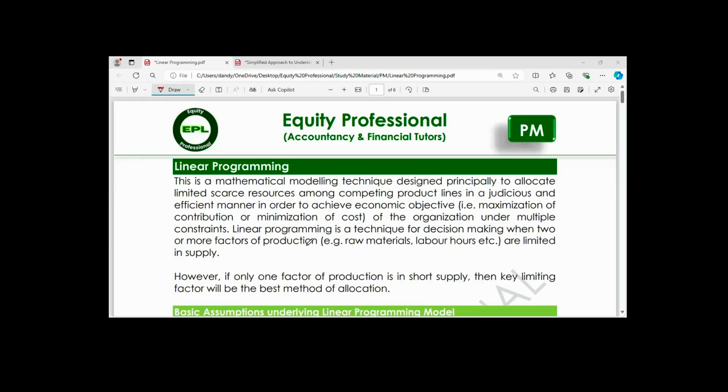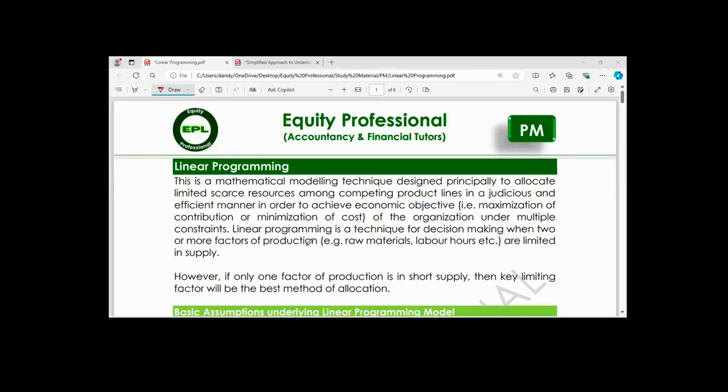So when this happens, the limited scarce resources will need to be allocated among competing product lines in a judicious manner in order to take advantage of market conditions and to maximize contribution towards profits. We said there are 5 key assumptions of linear programming, and all these assumptions, you are likely going to apply them when you want to determine the optimal production plan.